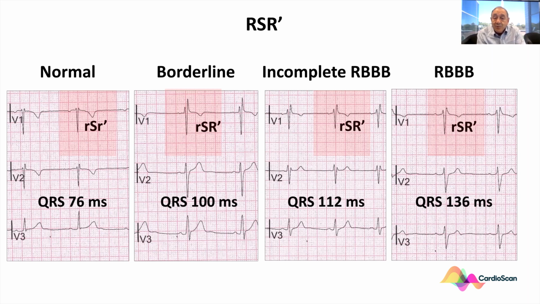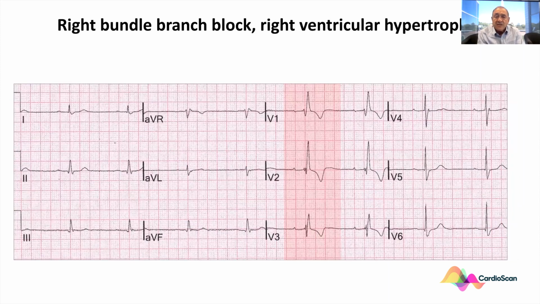Then we have incomplete and then right bundle branch block. So you can see how it's developing, but you can look at all these ECGs and agree that they are virtually similar to each other, and all of them are really within normal limits and should be regarded as such, even though the last one has been referred to as a right bundle branch block.